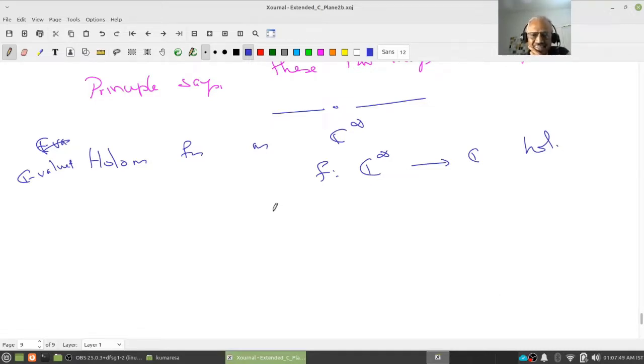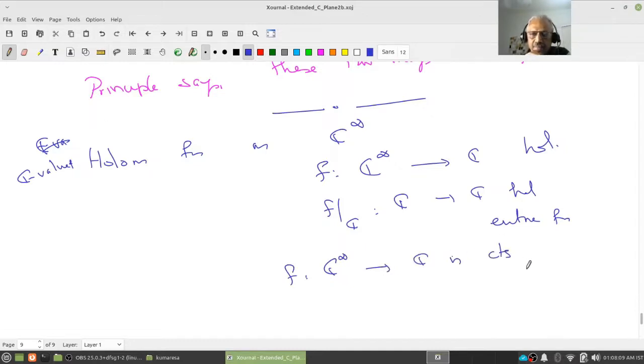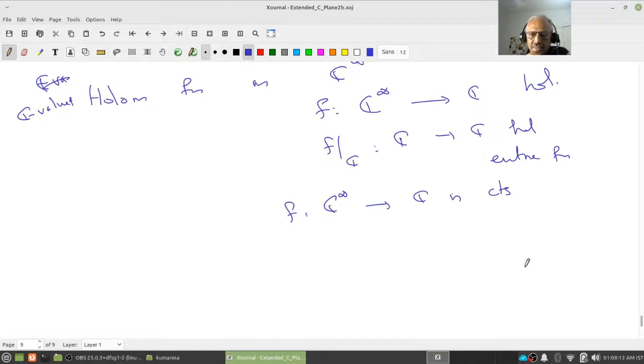Why? If f is holomorphic on C infinity, then f restricted to C, that is C to C, is holomorphic. Therefore it becomes an entire function, right? But remember, if f from C infinity to C is holomorphic, then f is continuous, right? And C infinity is compact.